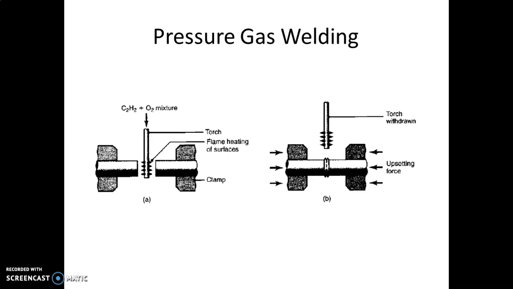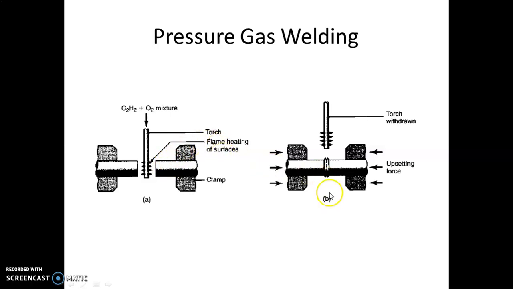Now, as we initially discussed, welding is a process of joining metals by fusion with or without pressure. So this is pressure gas welding, in which two diagrams are represented. In the first diagram, two different interfaces of metals are heated by flame, which is produced by combustion of acetylene gas and oxygen mixture.